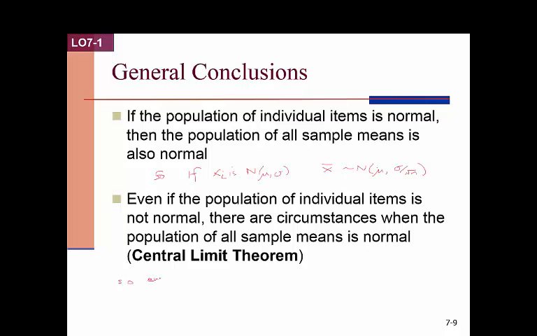So even if xi is not normally distributed, then still x bar will be normally distributed with mu and sigma over square root of n if n is large enough.